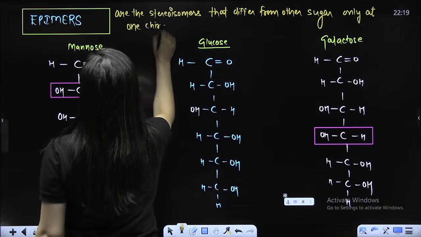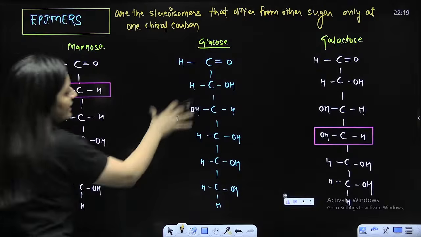chiral carbon. Look, rest everything is the same.